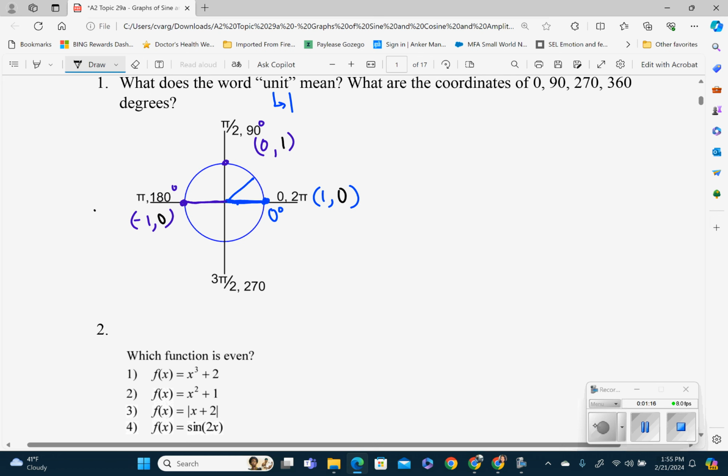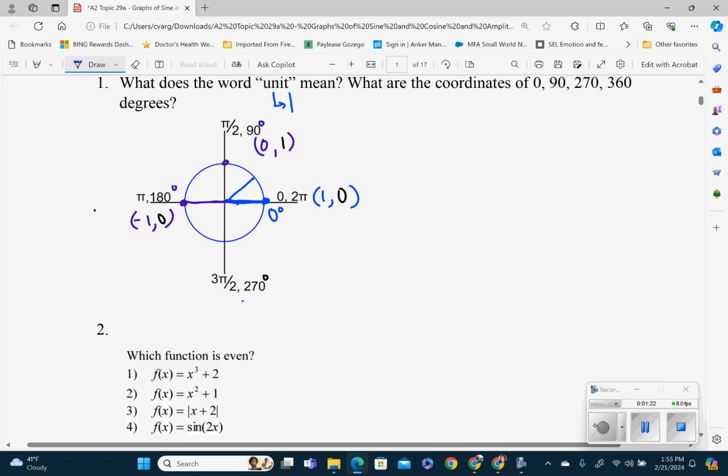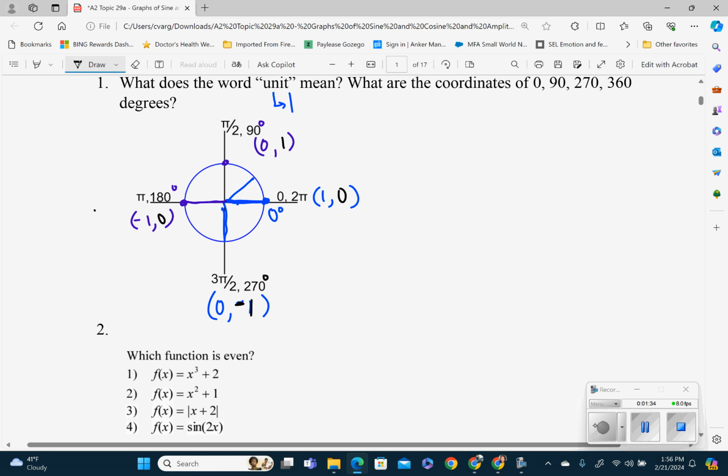All right, and at 270 degrees, my final coordinate is 0 comma negative 1. So if I look at just my y's, it goes from 0, then it goes to 1, it goes to 0, goes to negative 1, goes back to 0.